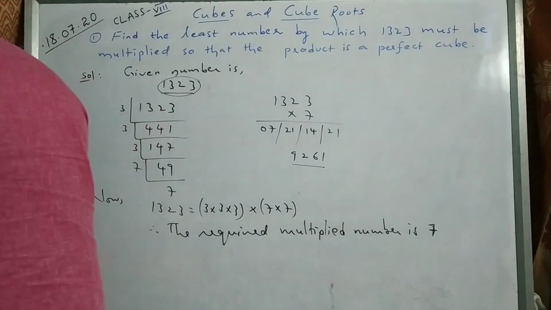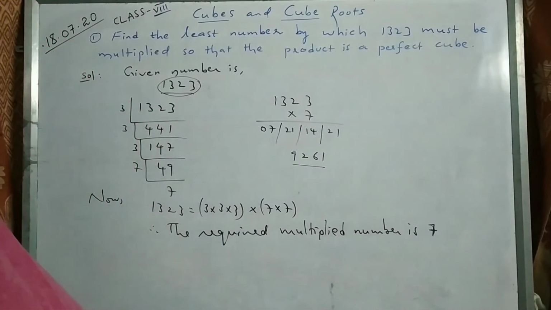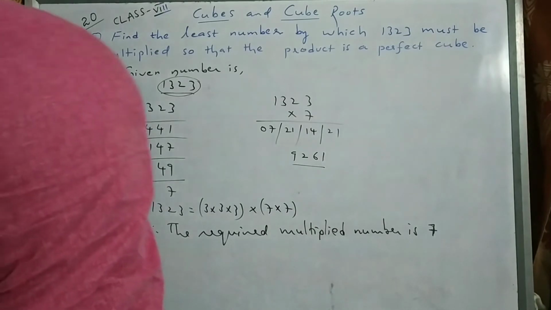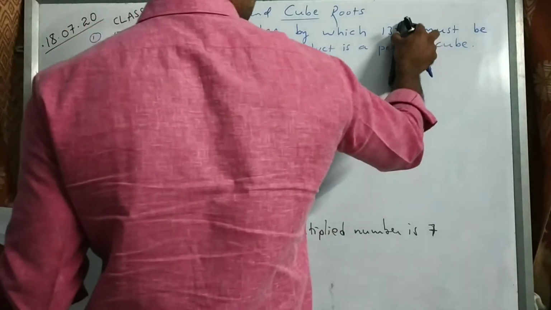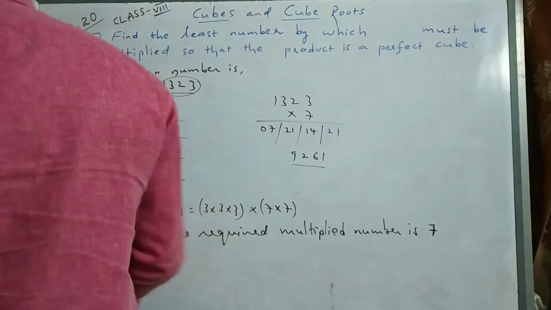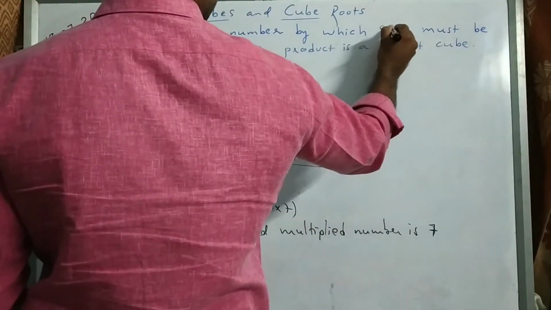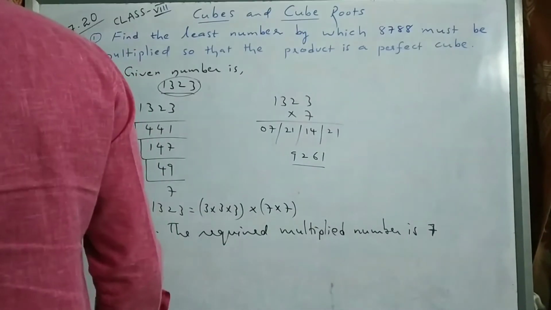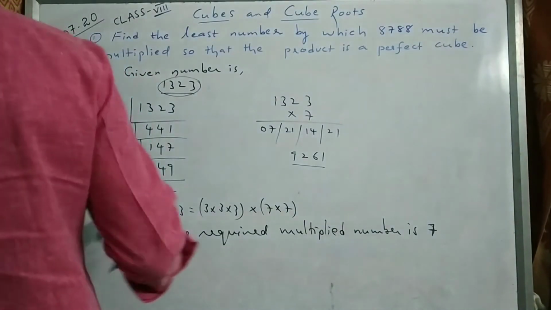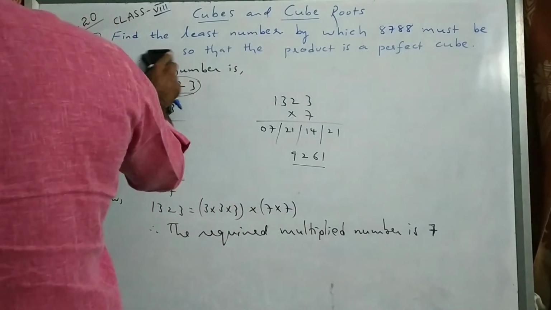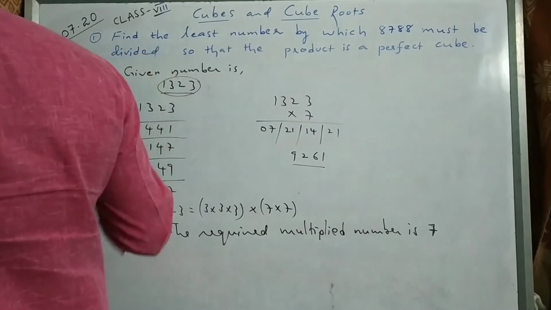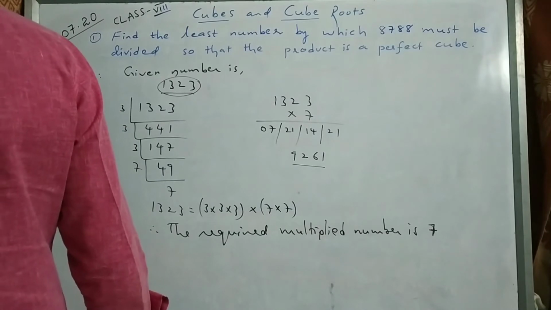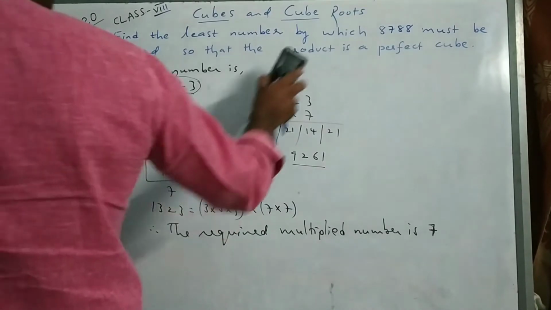One more problem is, find the least number by which 8788 must be divided, not multiplied here, so that the quotient is a perfect cube.